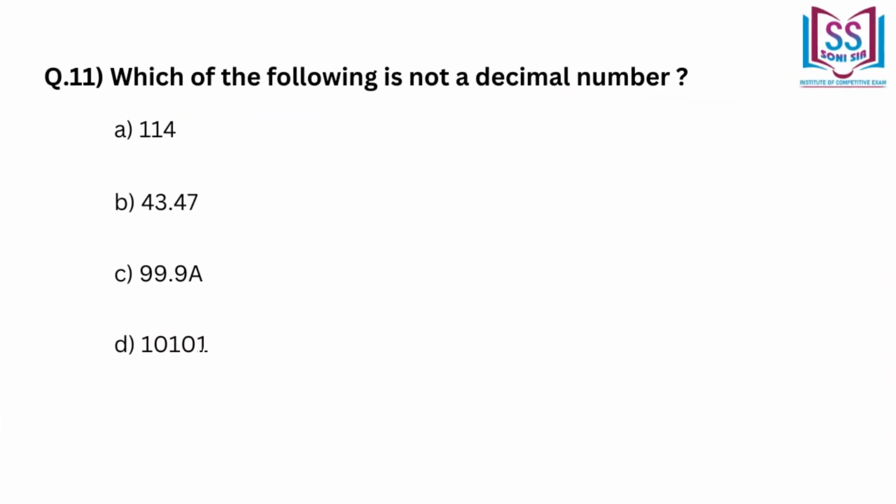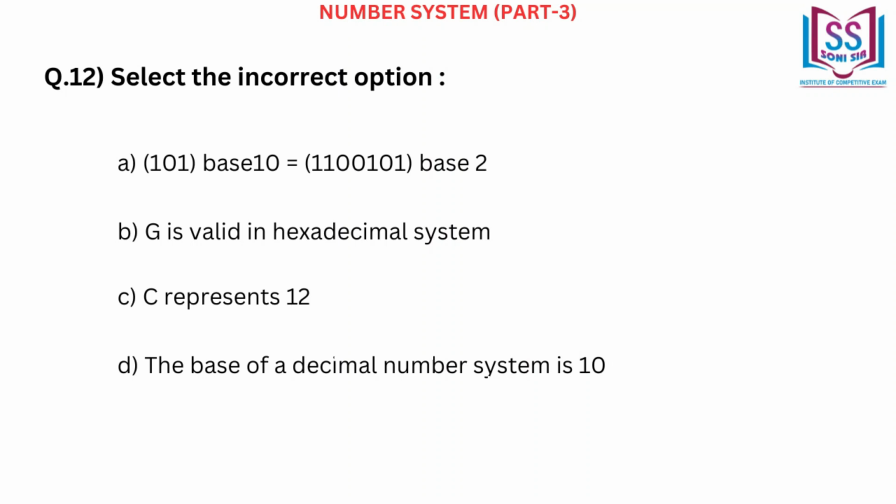Which of the following is not a decimal number? A 114, B 43.47, C 99.9A, D 10101. Correct answer C 99.9A. Select the incorrect option.